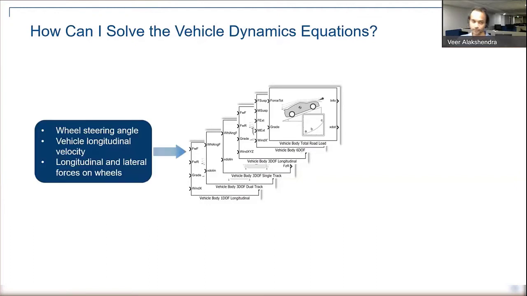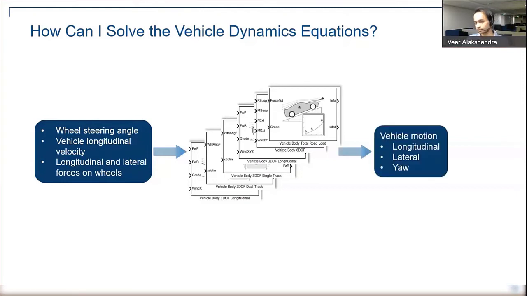For certain inputs, maybe like wheel steering angle and longitudinal velocity, these are very simple models. I would say this can be good for initial learning, but further you'll be incorporating the tire forces as well, which are the longitudinal and lateral forces on the wheels. So you can get the vehicle motion in longitudinal, lateral, and yaw, and other information also like the tire forces.